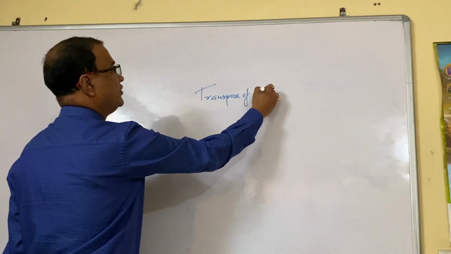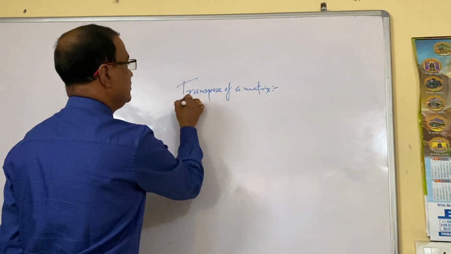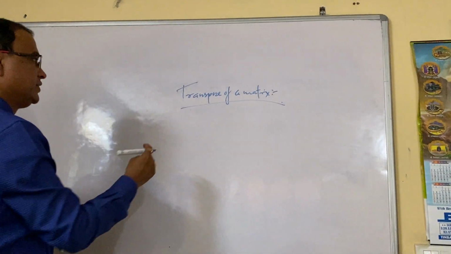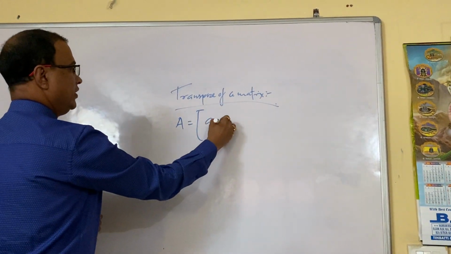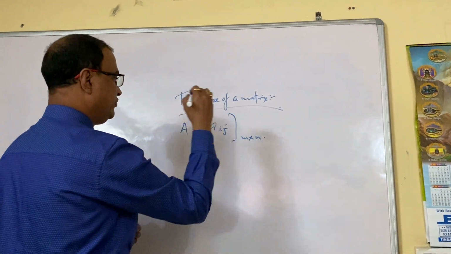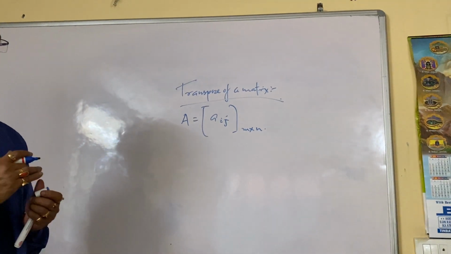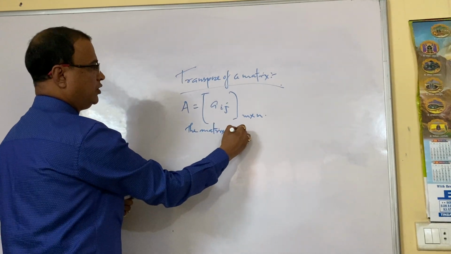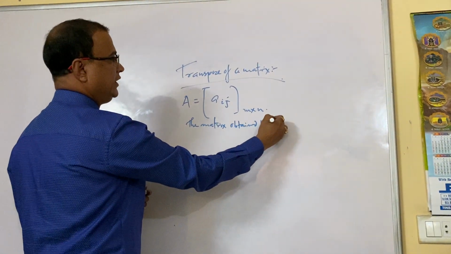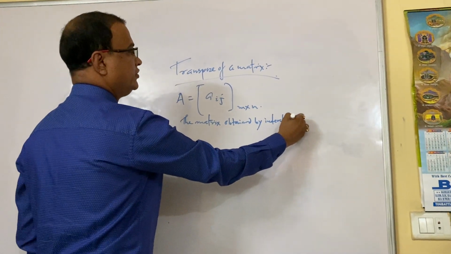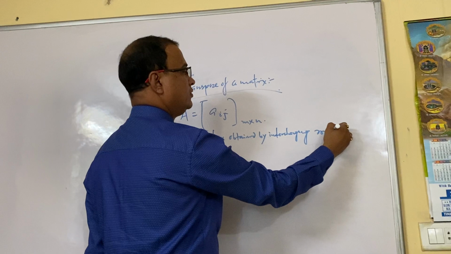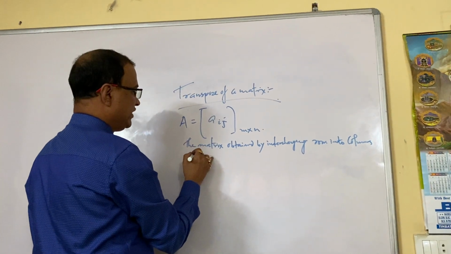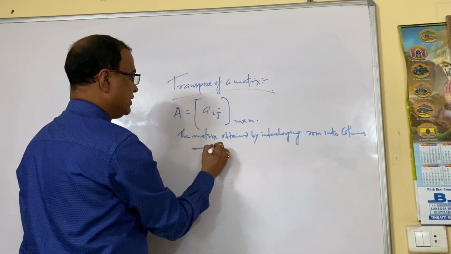Transpose of a matrix. If we have a matrix A equal to Aij, of order M by N, and we interchange the rows and columns, the matrix obtained by interchanging rows into columns or vice versa is called the transpose of the matrix.